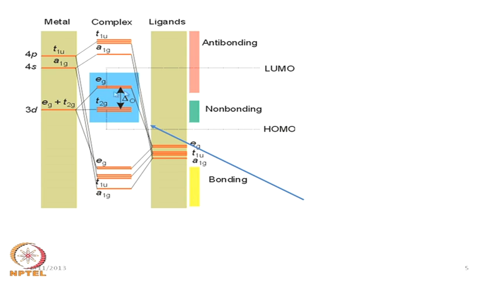So we have the empty level as the Eg level, which is antibonding in nature, but the Eg bonding level is lower in energy.